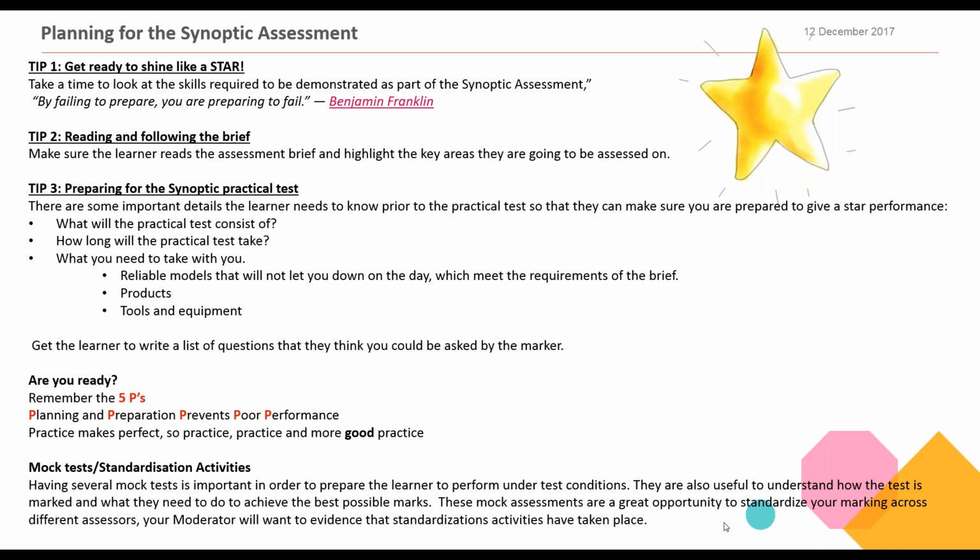You can't give them the details of task 1 and task 2, but you should be fully familiar with what is in task 1, what is in task 2, and what is in task 3. So make sure that when you give your learners that assessment brief, they completely understand what they are looking for. If they are having to research an era, making sure that they follow that era.